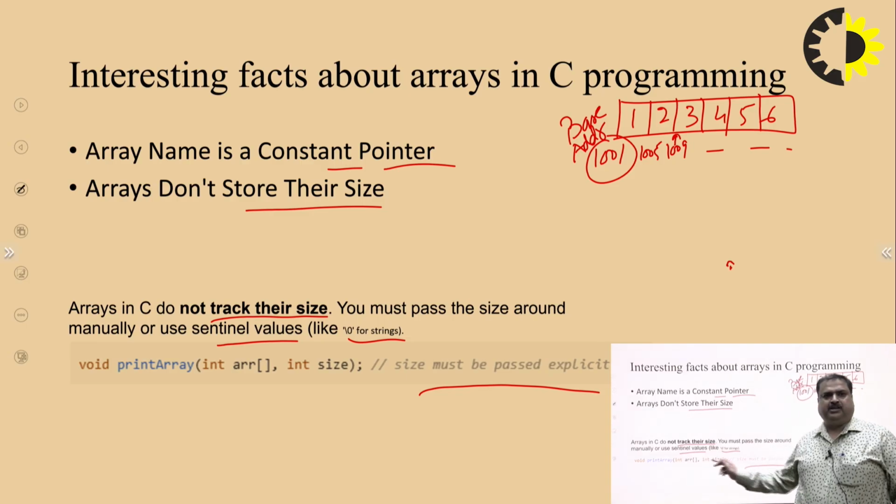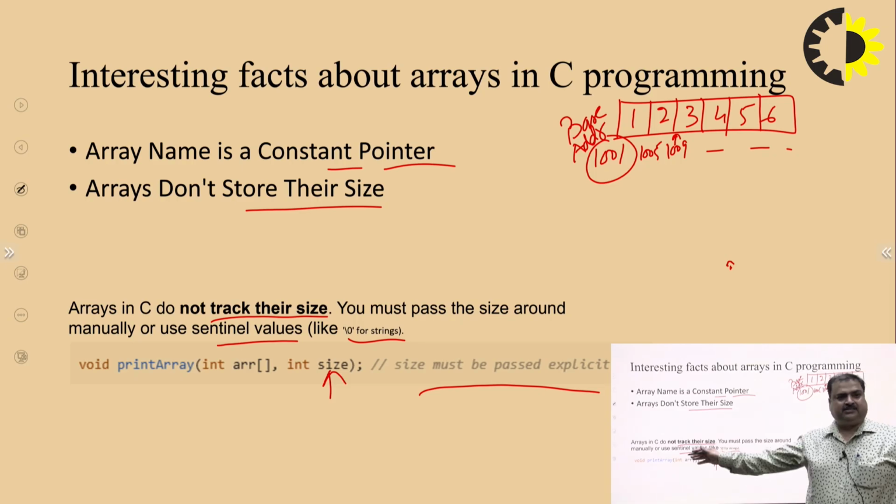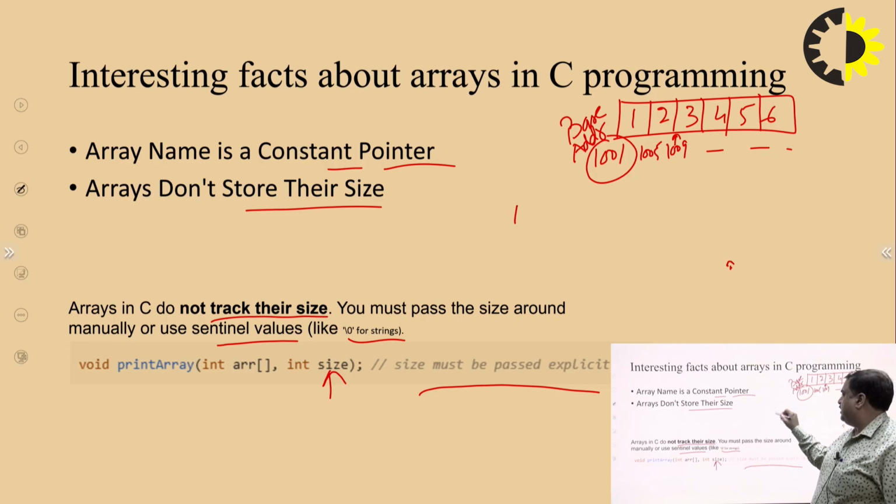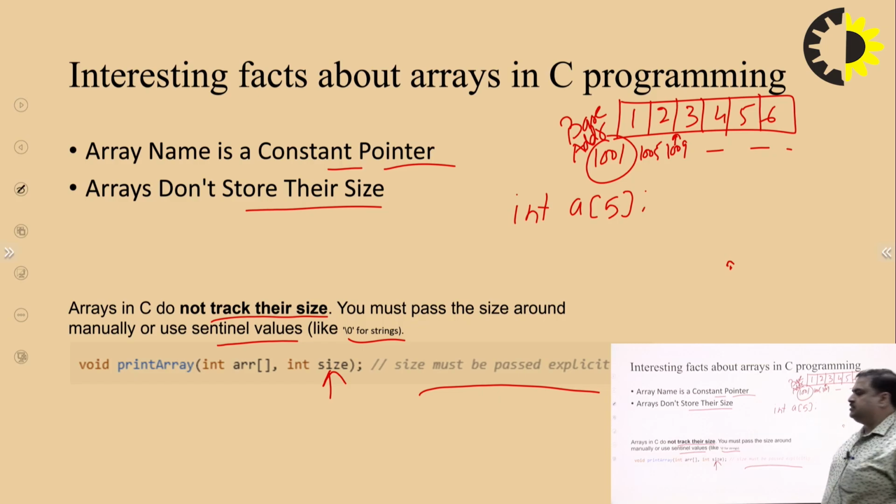Whenever we pass an array to a function, we need to pass the size explicitly, because arrays by default do not have their size value. Arrays do not care about array bounds, as I have already told you. For example, if I have int a[5], the index values will be 0 to 4, that is, 0 to n minus 1.